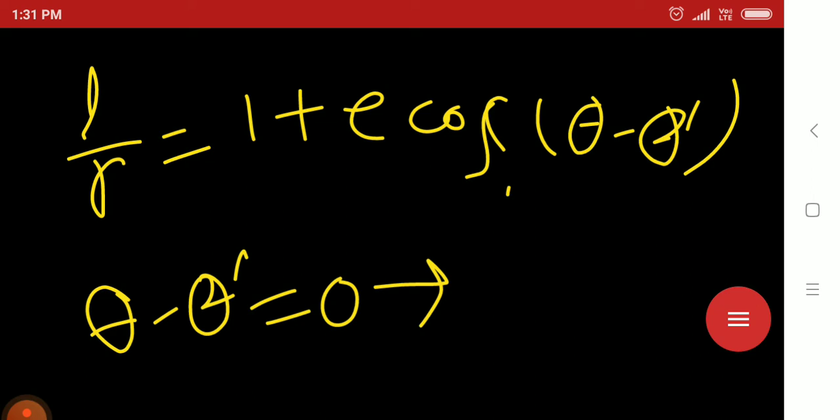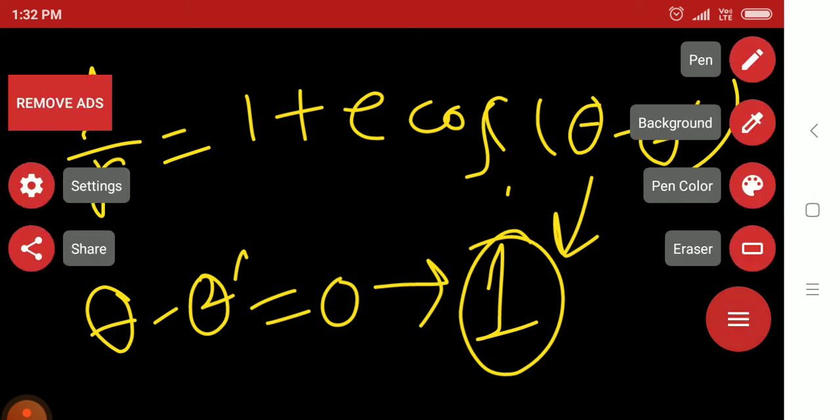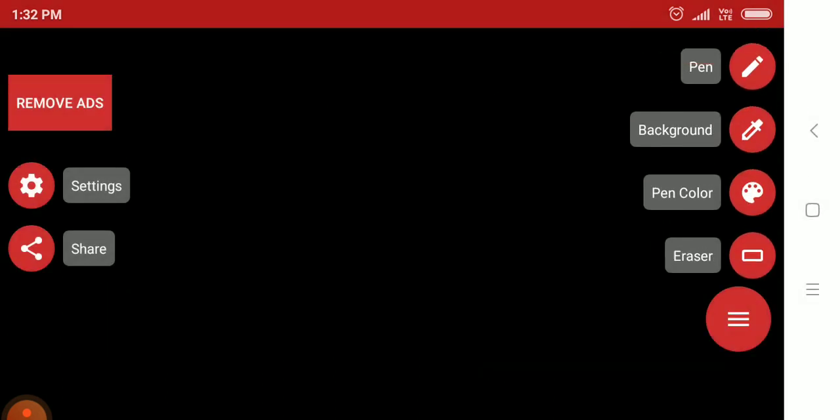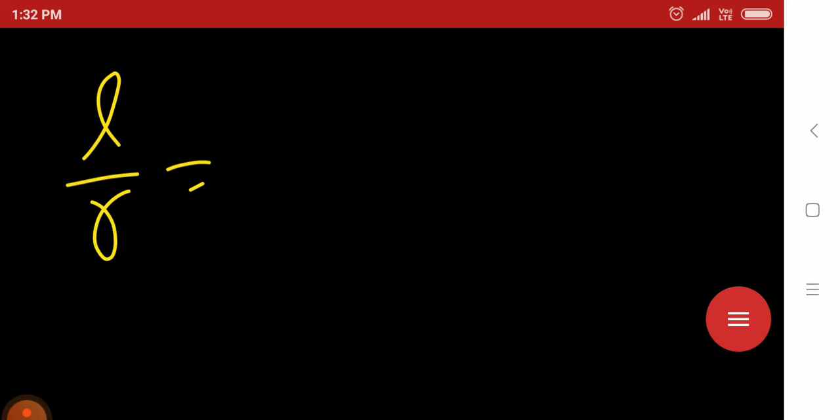Cos of 0 means 1. Now cos of (theta minus theta prime) equals 1, so L by R equals 1 plus e.